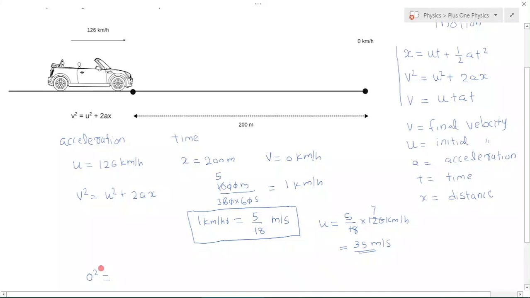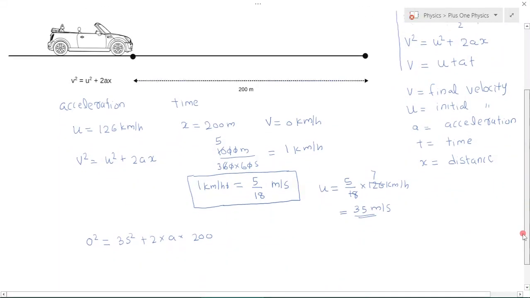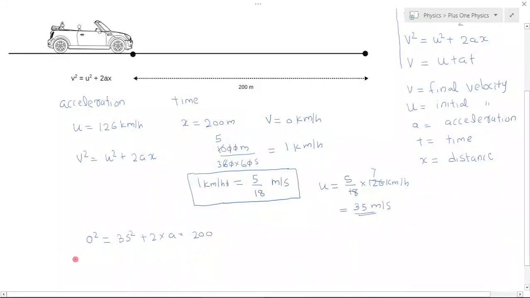So we are doing this equation, substituting, replacing all the quantities. 35 square plus 2 into a, a is not given, into x is 200. Or we can arrange this one more time. Minus, this 35 square comes to here, and it will be like minus 35 square.